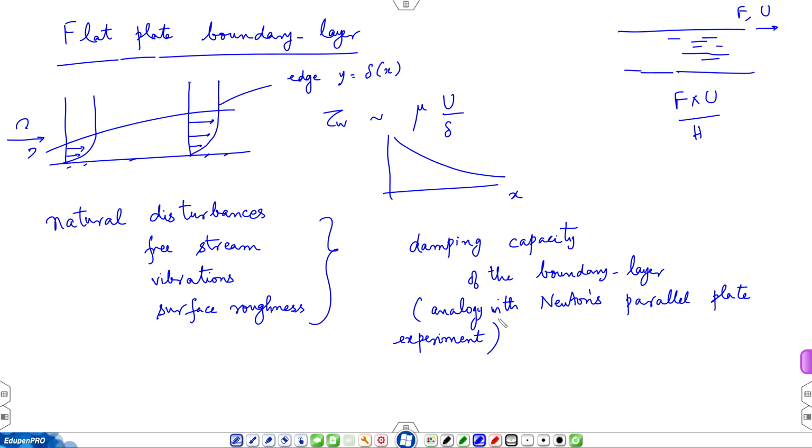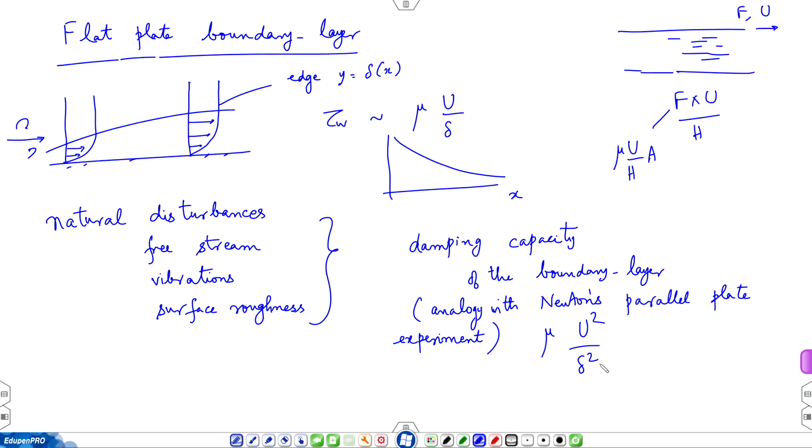So, here the damping capacity of the boundary layer will be, what is this F? This F is mu u over h a. This is what Newton had proposed. So, here it becomes mu u square over delta square.